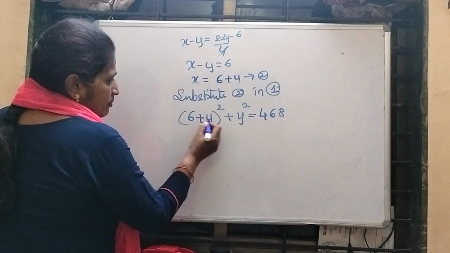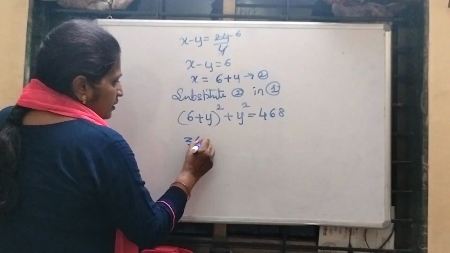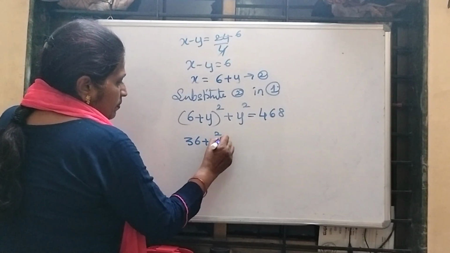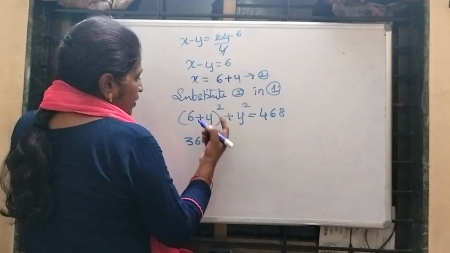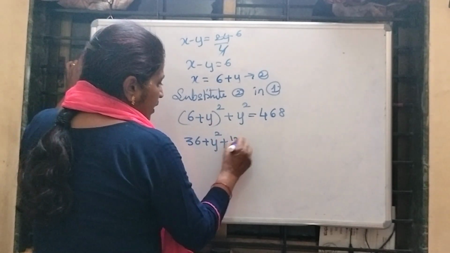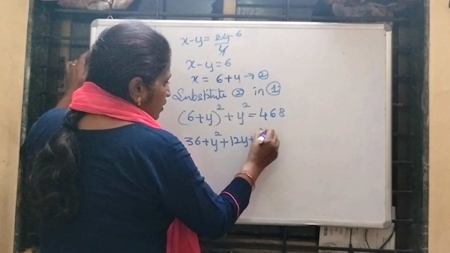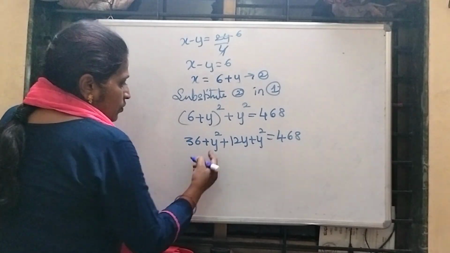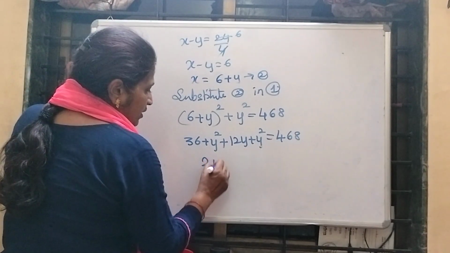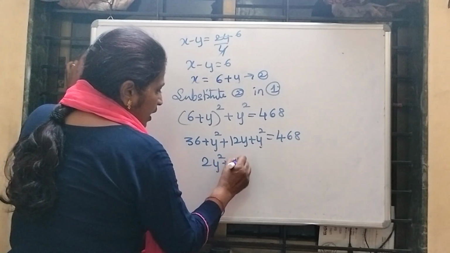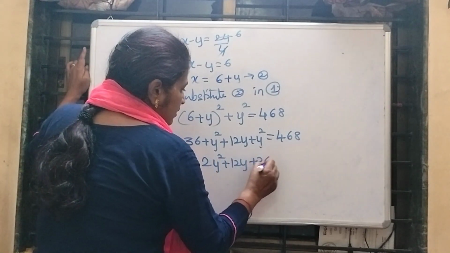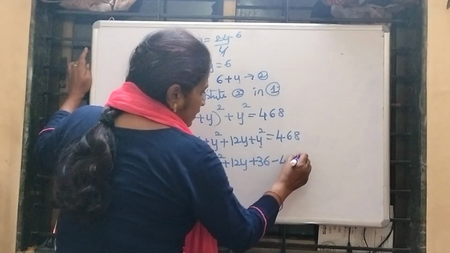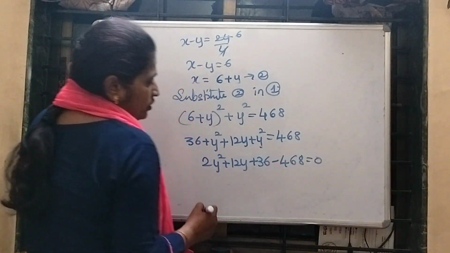Using (a plus b) whole square: 6 square is 36, plus y square, plus 2 into a into b, 2 sixes are 12, 12y, plus y square is equal to 468. y square plus y square is 2y square plus 12y plus 36 minus 468 is equal to 0.